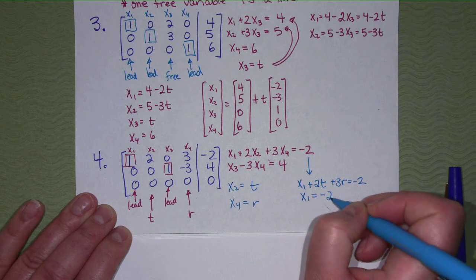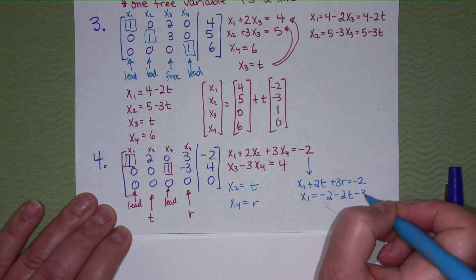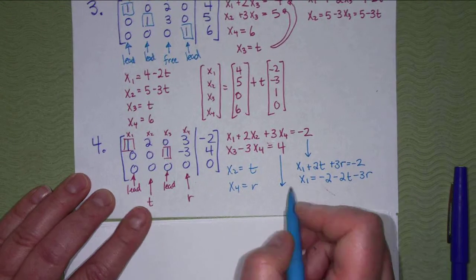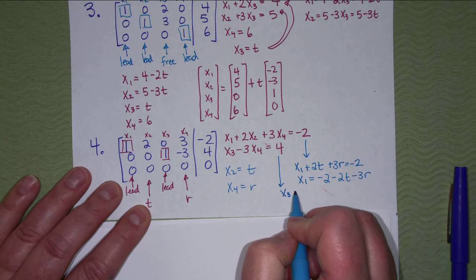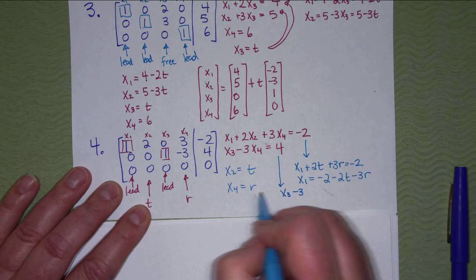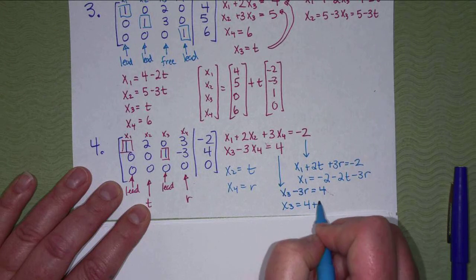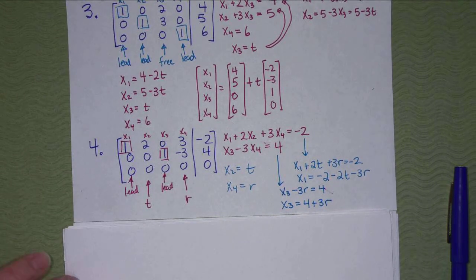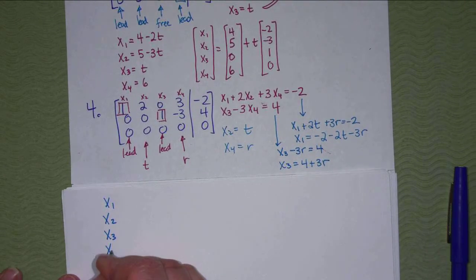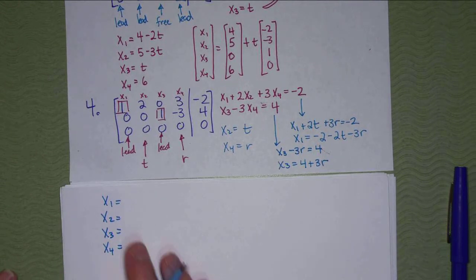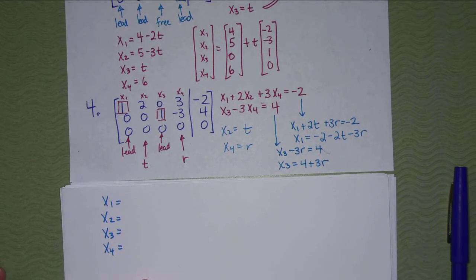And then do the same thing here with x3. So x3 minus 3x4, I called r, equals 4. So x3 is 4 plus 3r. All right, so we've got all we need. Your solution, always put it in order. There should only be an equation here for anything that had a lead 1, and the others should have either a number or a T or an R, something like that.